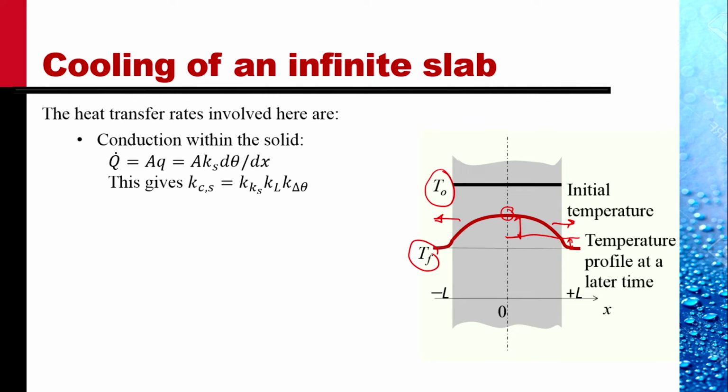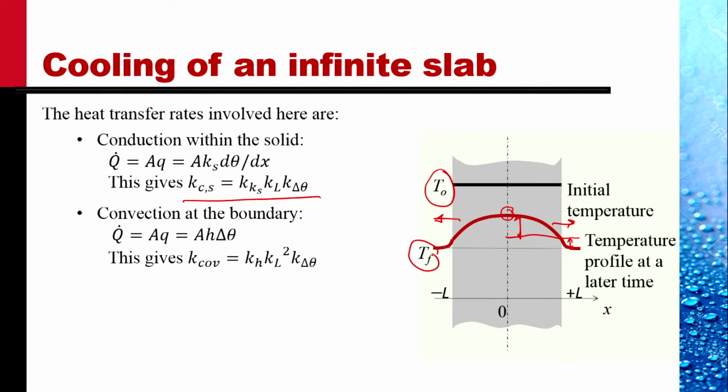The heat transfer rates involved here are conduction within the solid, and for this we had obtained the scale factor as Ks L, K delta theta. Conduction within the solid and convection at the boundary.